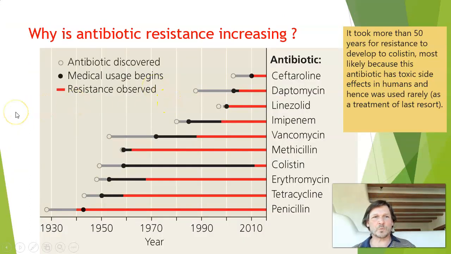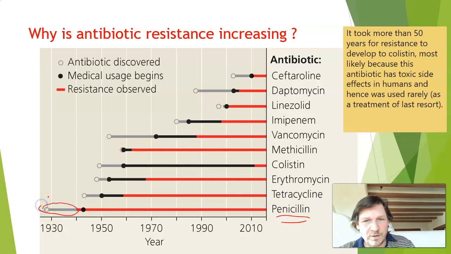Okay, so question, why is antibiotic resistance increasing? And so here you can actually see a chart of some of the more common antibiotics. First, of course, being penicillin. That was the first one discovered. And you can see that within 10 years after its discovery, right, people were becoming quite resistant to it.